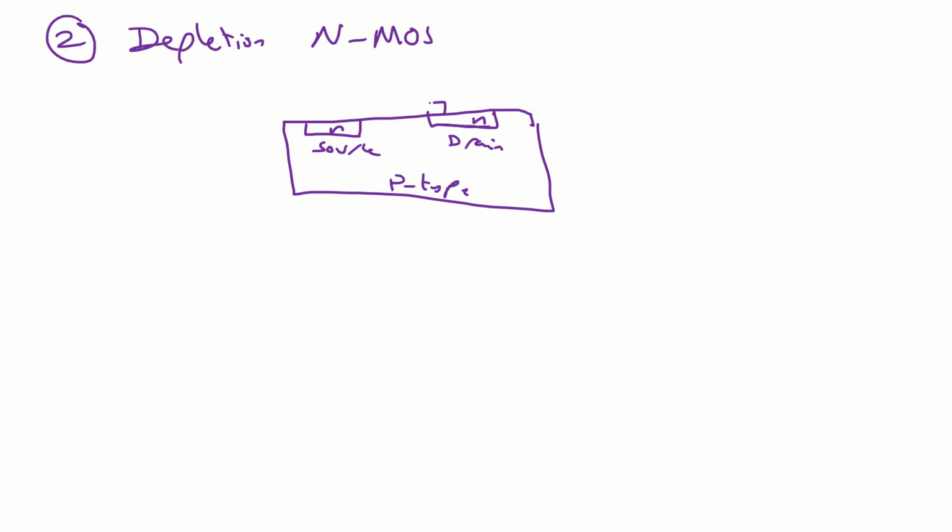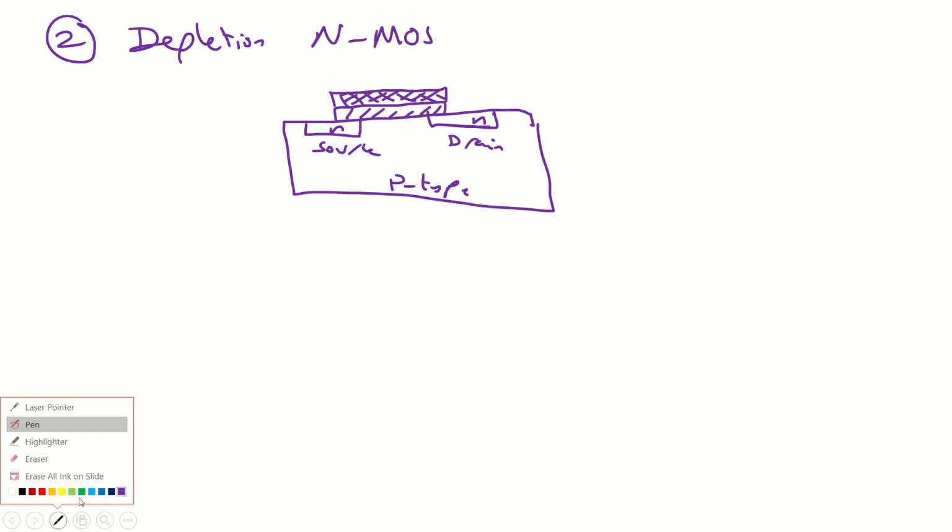Here we have the oxide, as we mentioned earlier, and here we have the metal, or the highly doped polycrystalline. The only difference between the depletion MOSFET and the enhancement MOSFET is that in the fabrication we add an N-channel between the source and the drain.